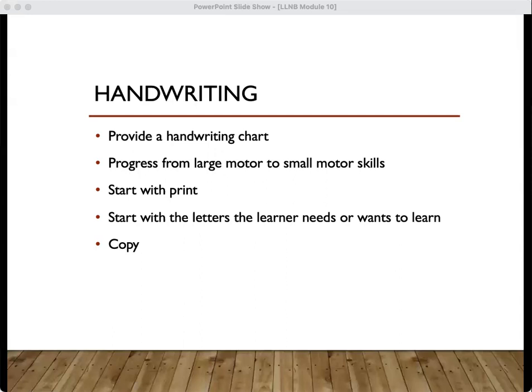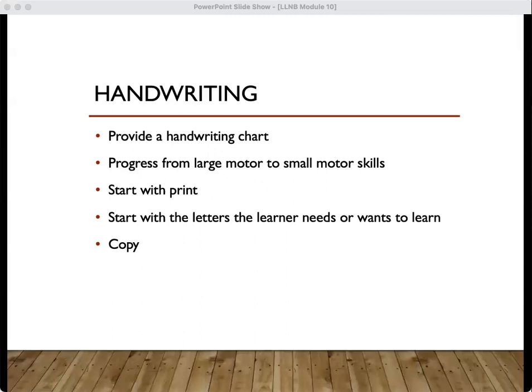Or put salt into a rim tray and have them draw the letters in the salt. From there, you can have learners use pencils to write the letters on unlined paper. And then finally, you can have them trace the outline of the letters on lined paper and then write them independently. So you see, we're going to go from very large to very small.